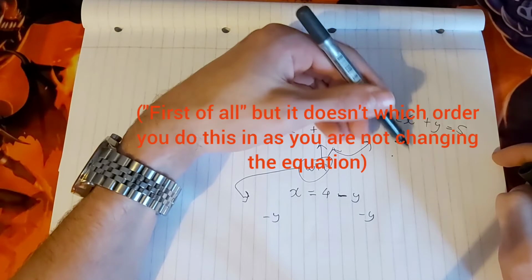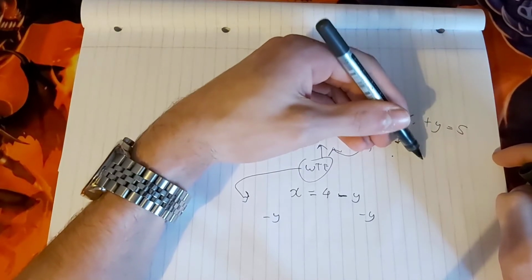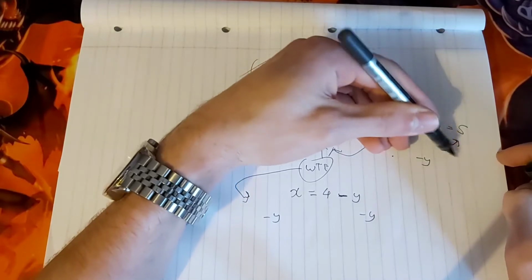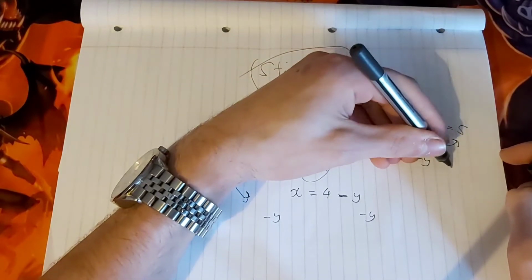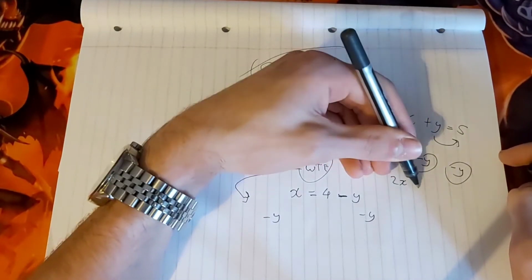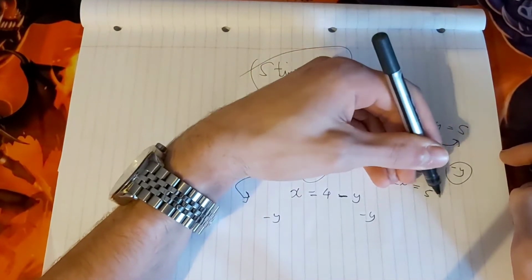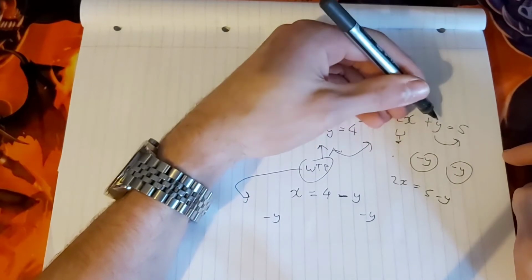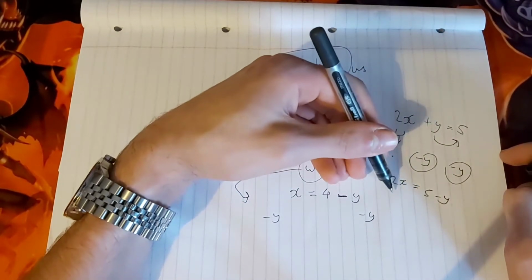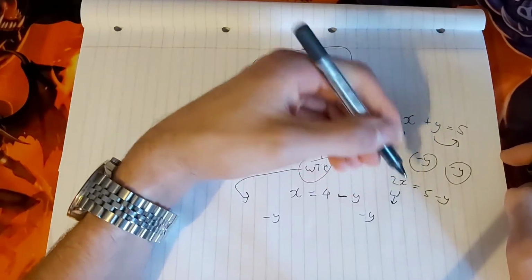First of all, we could minus the y from both sides. So y is now over there, and then we have 2x equals 5 minus y, because we've moved the y from one side to the other side. And we still need to get the x by itself.